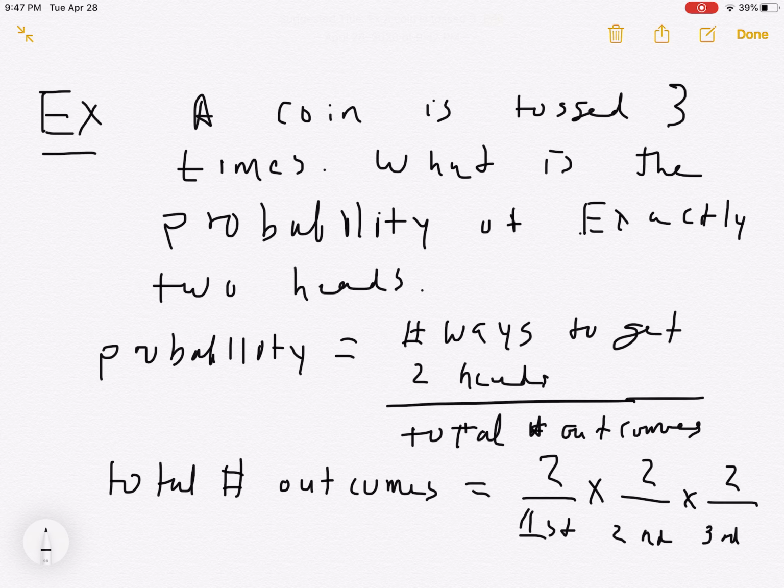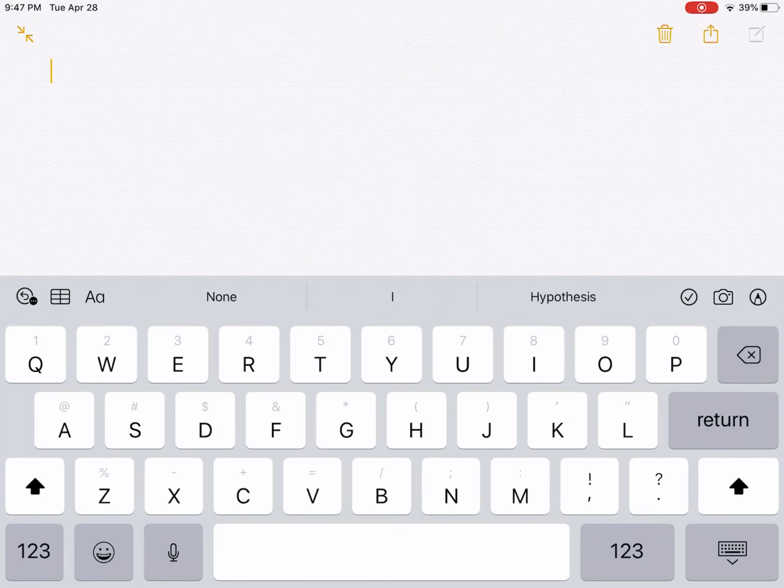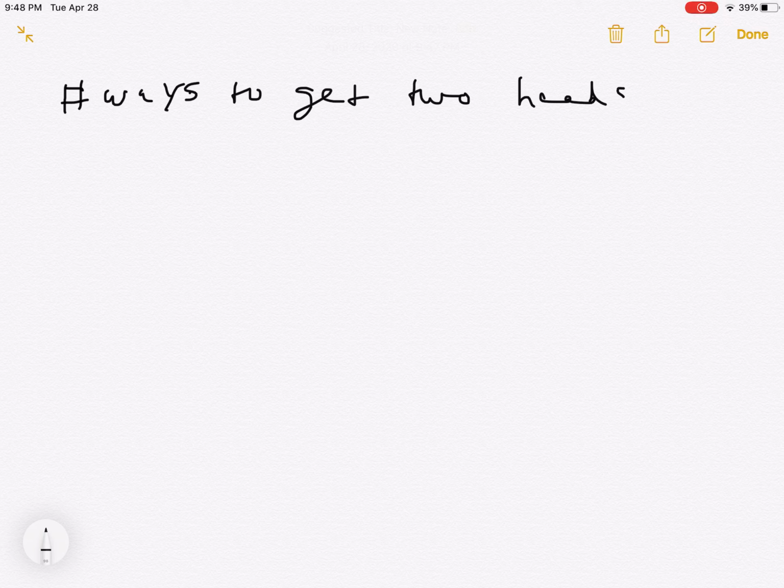Now, let's focus on the numerator. So we have the number of ways to get 2 heads. Now I could get a head. Here's going to be an example.